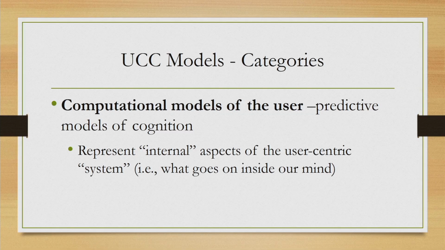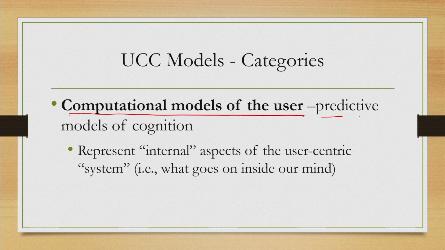Then we have analyzed PAM and found out its characteristics. Based on those characteristics, we have generalized the definition of a user centric computing model in terms of 4 characteristics. Now, these characteristics are found in many of the models that are reported in the literature. So, we can broadly divide all these models into a few categories. One category is computational models of the user.